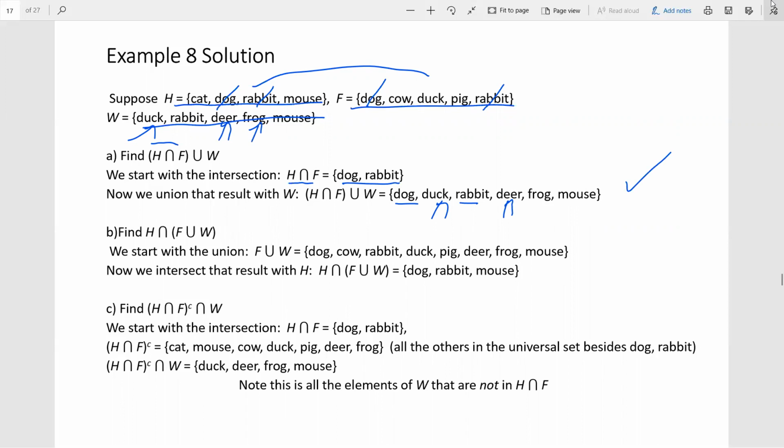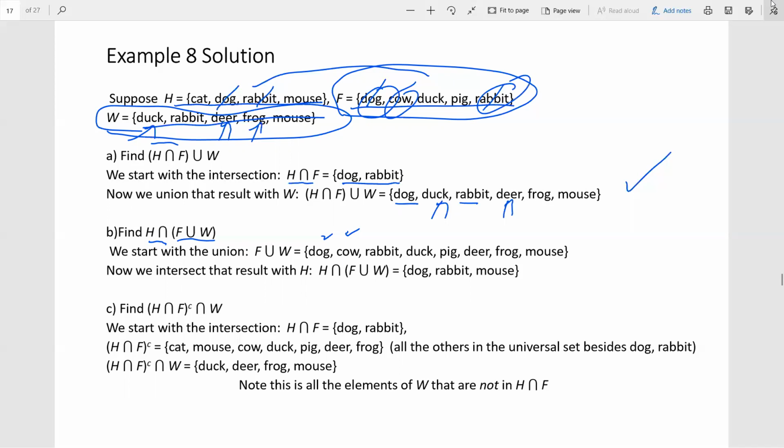Now, suppose we wanted to find H intersected with the union of F and W. So let's start with the union of F and W. Looking at F and W, we want to take the union, and that's going to be a dog, a cow, a rabbit, a duck, a pig, and then we're going to add a deer, a frog, and a mouse.